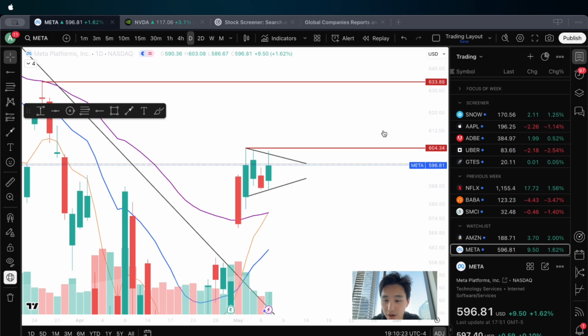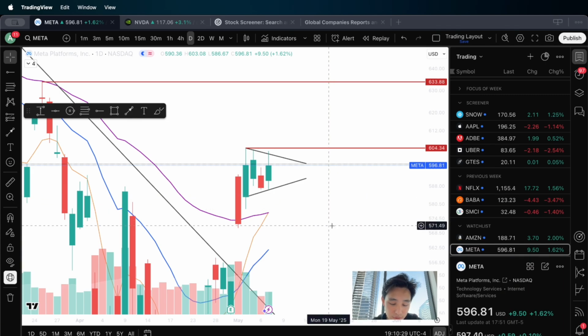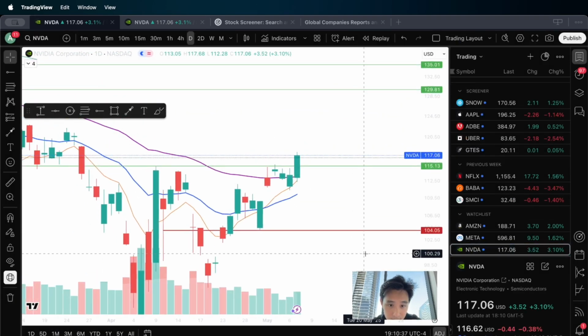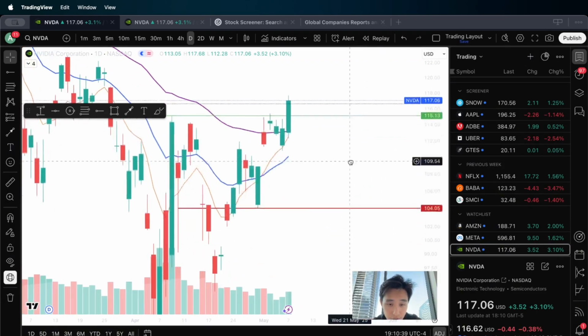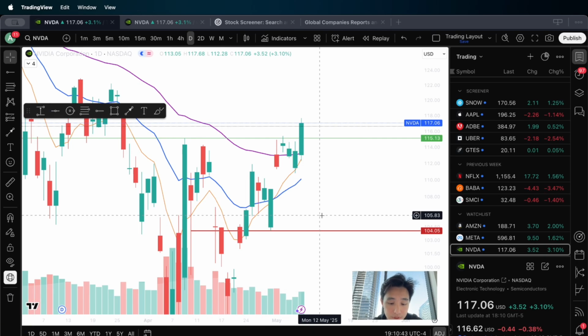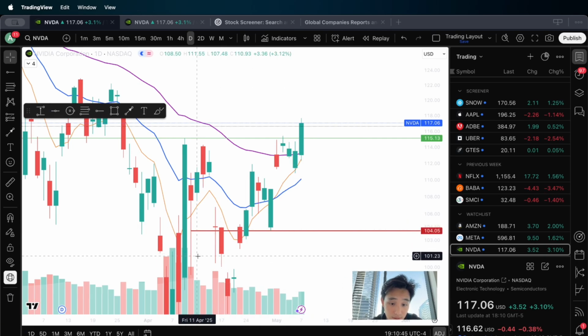So the characteristics of an A plus setup is having a checklist of what you need to enter a trade, and it has to trigger all of them for it to be an A plus setup. For me, I want to see a really good consolidation or price compression under a certain resistance point. I want to see volume declining, showing you that it's actually consolidating, indicating there's a higher chance of a potential pop.